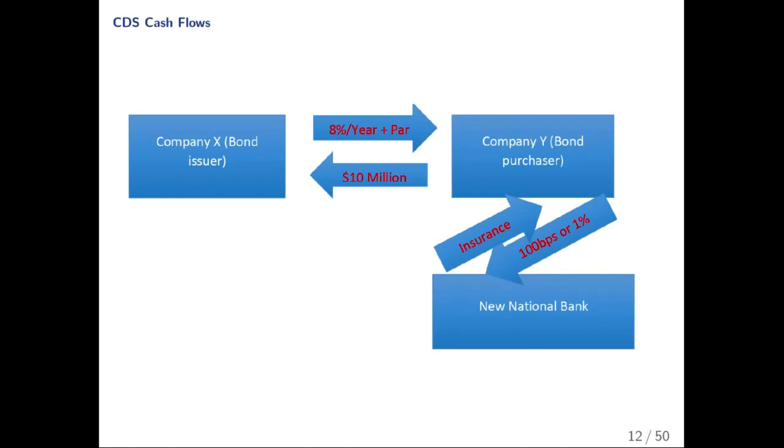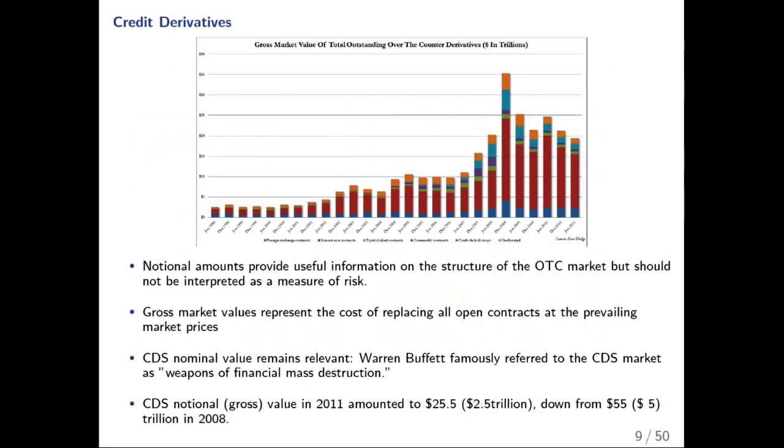This is why the market for CDS is so big and so important, because it allows people to share risks. It allows unsophisticated investors to meet sophisticated investors, which ultimately allows companies to lend. People often think about the CDS market as, well, what did Warren Buffett say? Warren Buffett said that the CDS market is weapons of financial mass destruction.